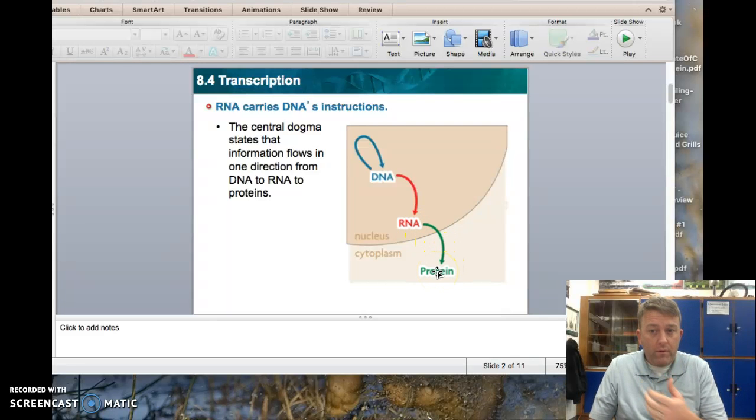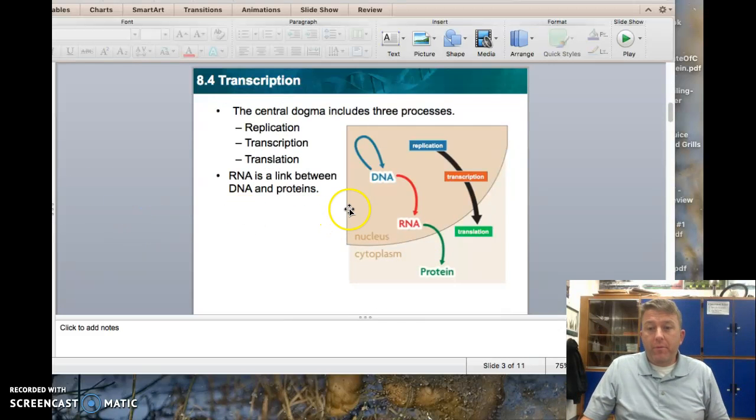Remember, a protein is the molecule that's going to do the actual work. We have steps as we move from DNA to RNA to protein.